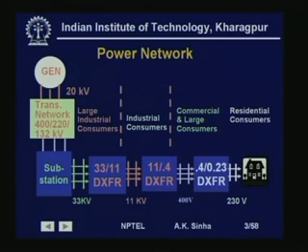It can be brought down to 11 kV and then further brought down from 11 kV to 400 volt, or 415 volt to be precise, and there this 415 volt 3-phase power is transmitted, and then you get it at your home at 230 volt single phase when you get connected to a line and the neutral of a 415 volt 3-phase system.